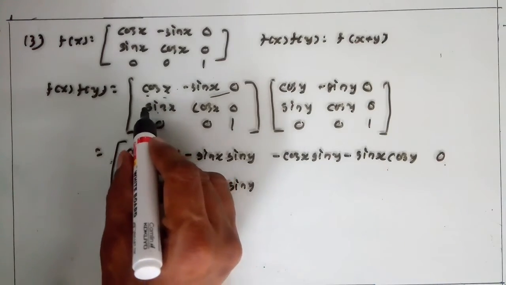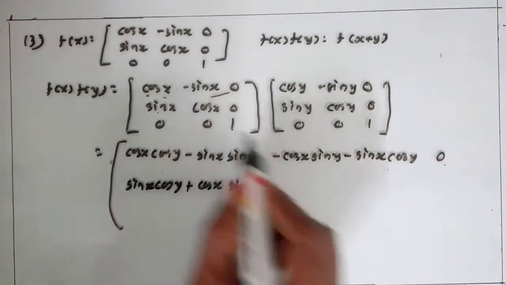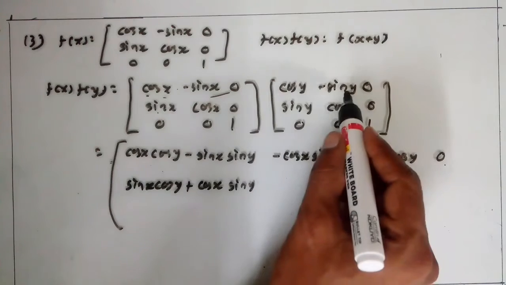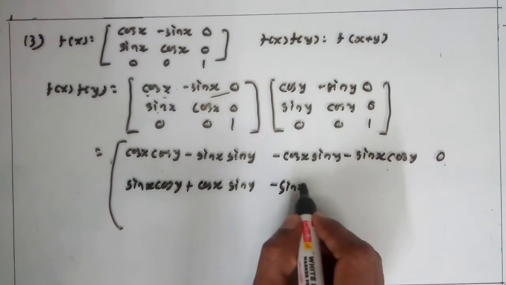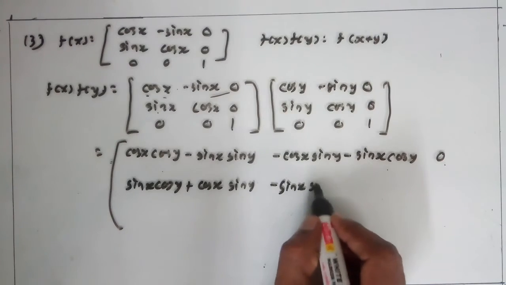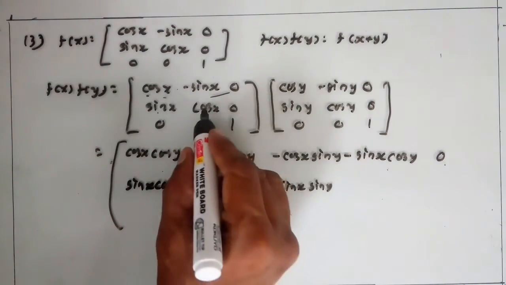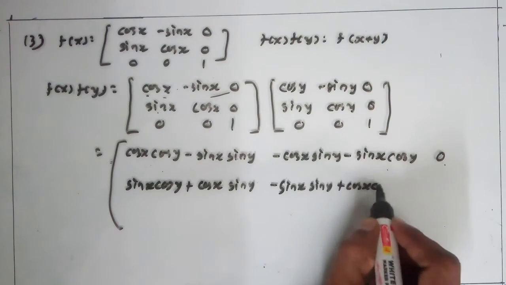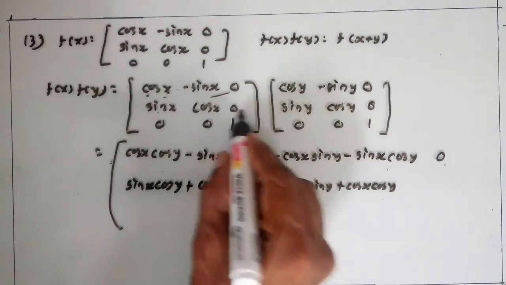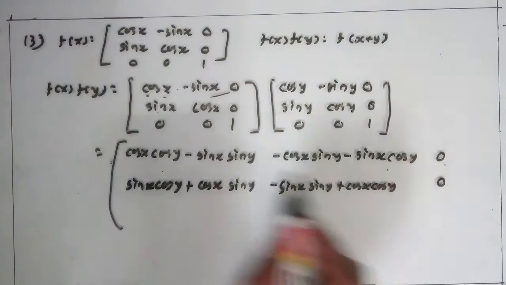Now second row, second column gives the second entry: sin x into minus sin y becomes minus sin x sin y, cos x into cos y, plus cos x into cos y. Clear? Last 0 into 0, that is 0.